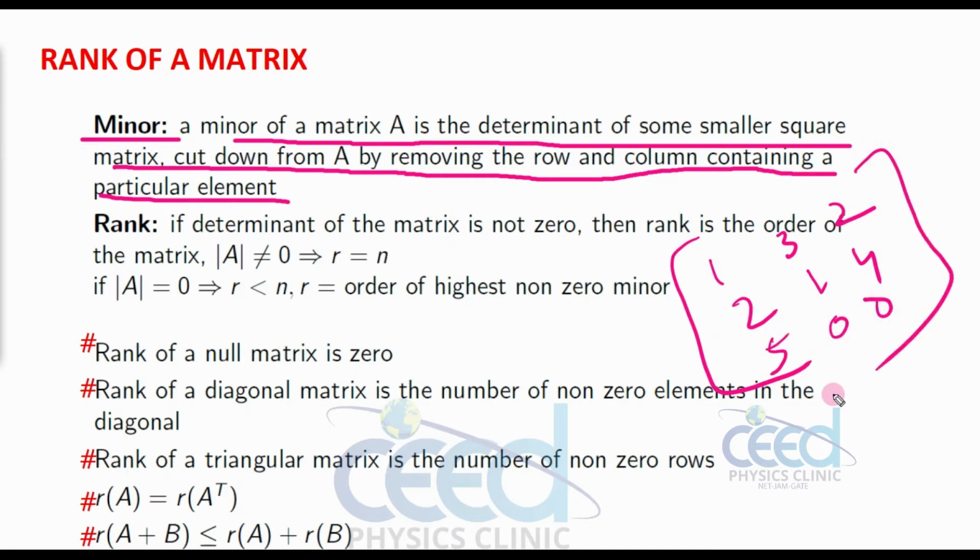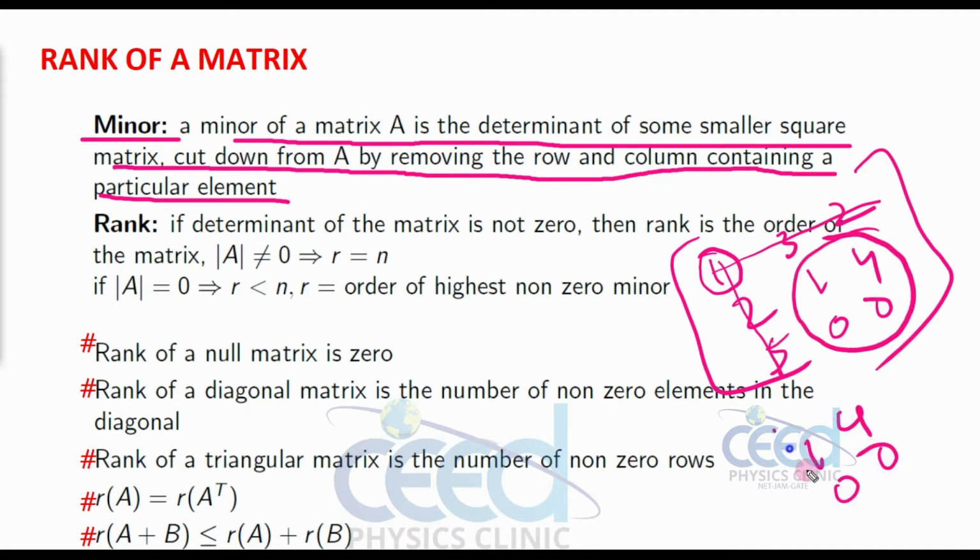You select a particular element, cut its row and column, and find the determinant of the remaining part, 1 4 0 0. That is the minor of the first element M11. Similarly, every element has a minor.